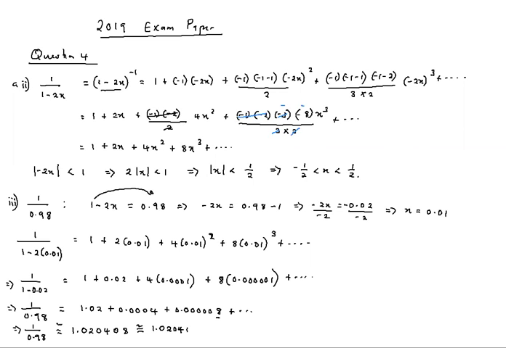Keep adding until you get to the required solution. Just remember to check the number of decimal places, because if you don't express in the required number of decimal places, you lose 2 marks, because it means that you don't know how to round off, or you don't understand what they mean by 5 decimal places.